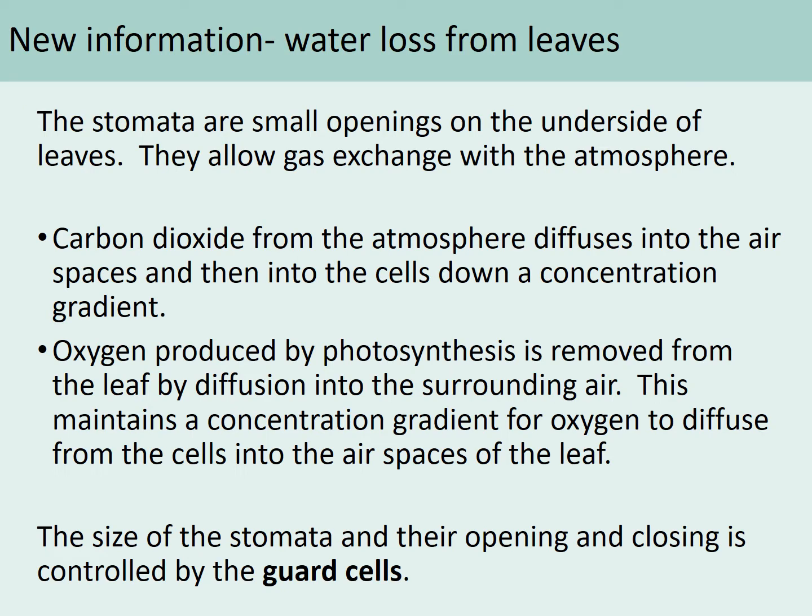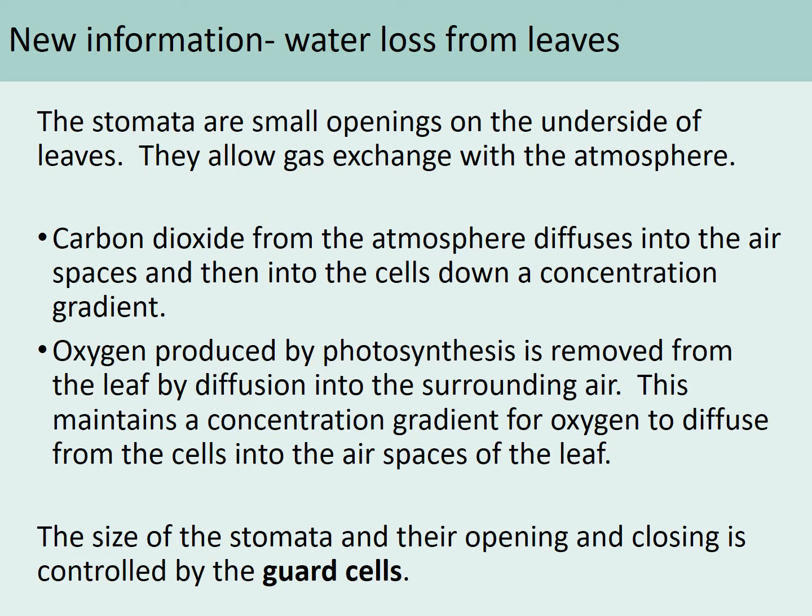So the stomata are open because it needs carbon dioxide from the atmosphere to diffuse into those air spaces in that mesophyll layer that we've spoken about in previous lessons. And that's happening, it's diffusion, it's happening down a concentration gradient. So from a higher concentration outside the leaf to a lower concentration inside the leaf.